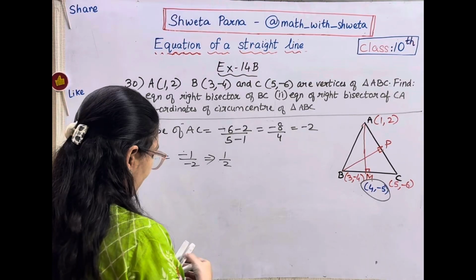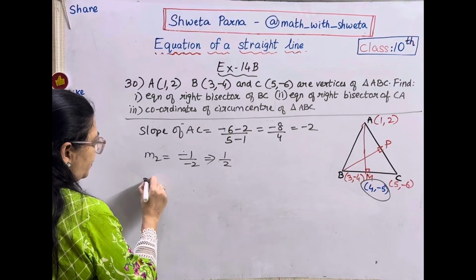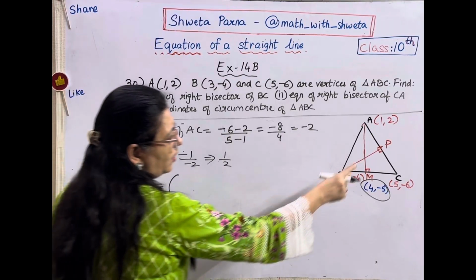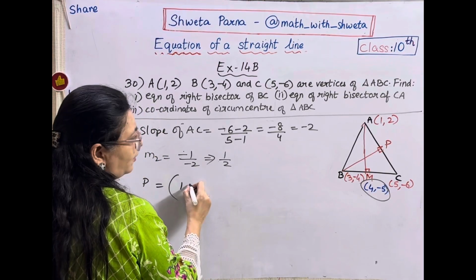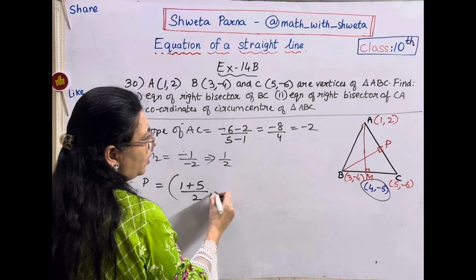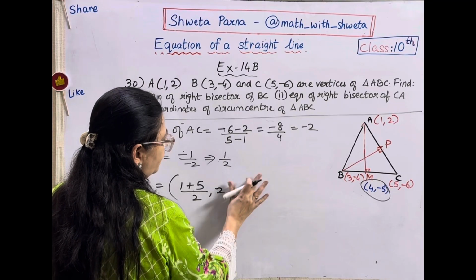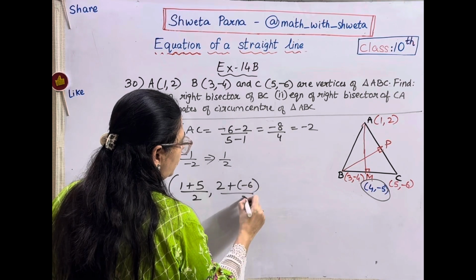Now you have to find the coordinate of point P. So P is equal to, you have to take the two coordinates A and C. x1 plus x2 upon 2 and y1 plus y2 upon 2.